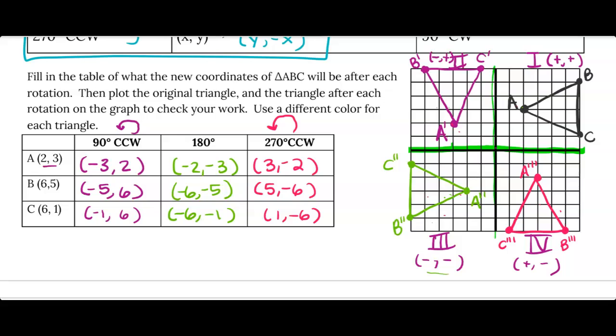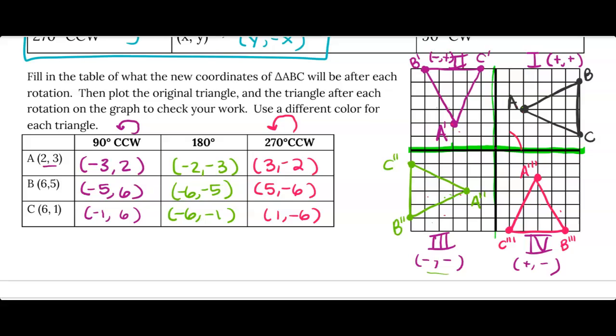You can always check yourself by saying, okay, if I did one more rotation, that'd be another 90 degrees. I would flip it back, so it'd go back to being 2, 3, which would end me back at my original pre-image A point. I find it easier to picture where my graphs should go in order to find my signs instead of trying to remember the rules.